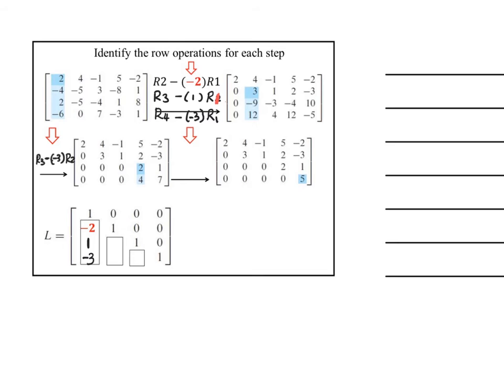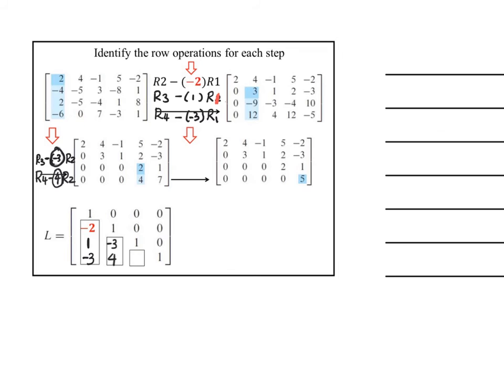And the next one, to eliminate this 12, I have to use row 4 minus 4 times row 2. So R4 minus 4 times row 2. And I need to record these numbers right here: negative 3 and 4.